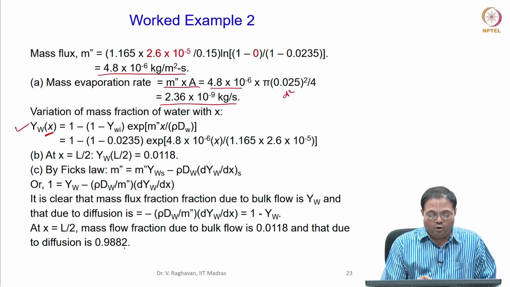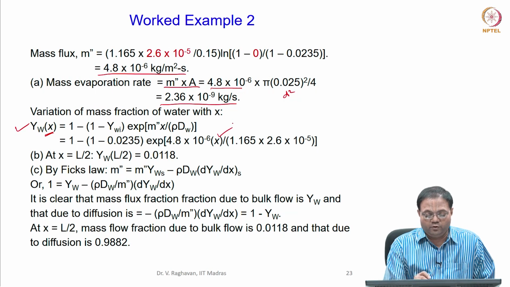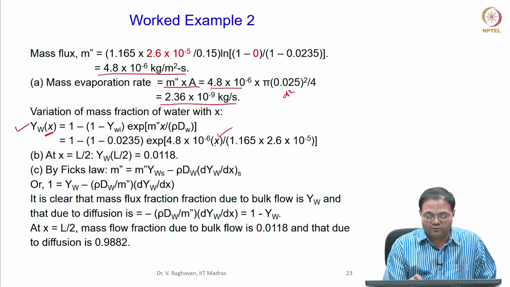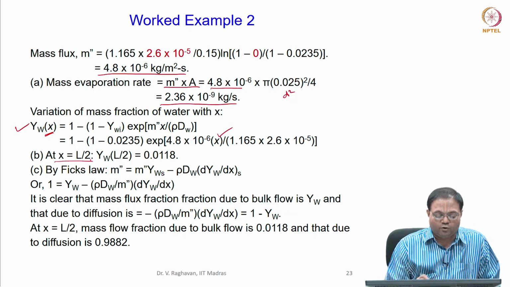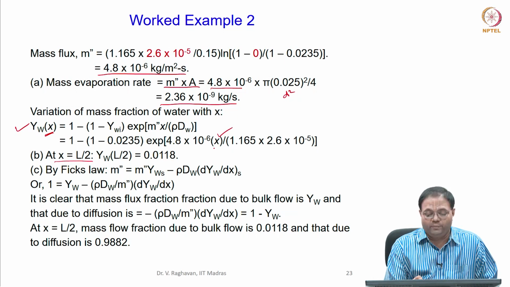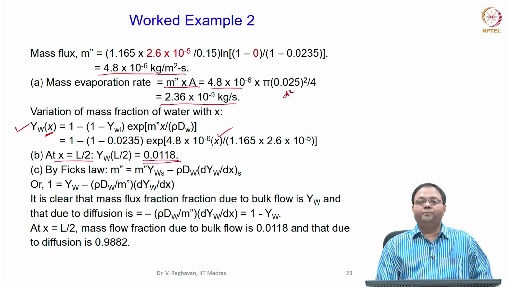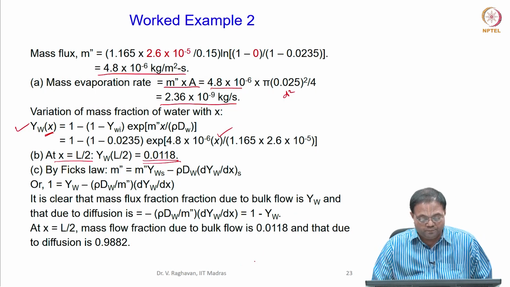The other things are constant here, so you substitute, and the variable is x, the m double dash into x. At the location x equal to L by 2, substitute 0.15 by 2 here, and get the mass fraction, that is 0.0118.